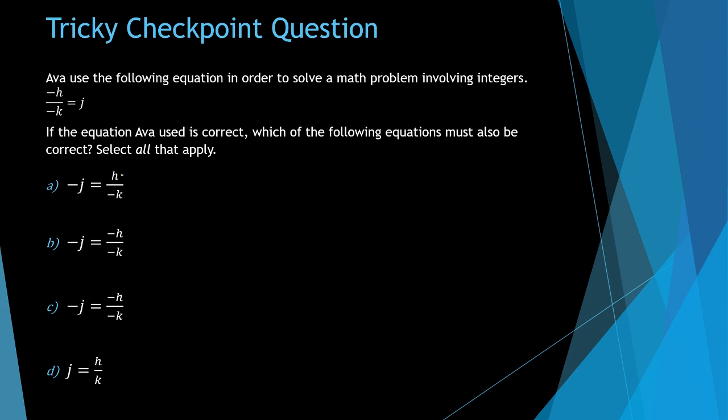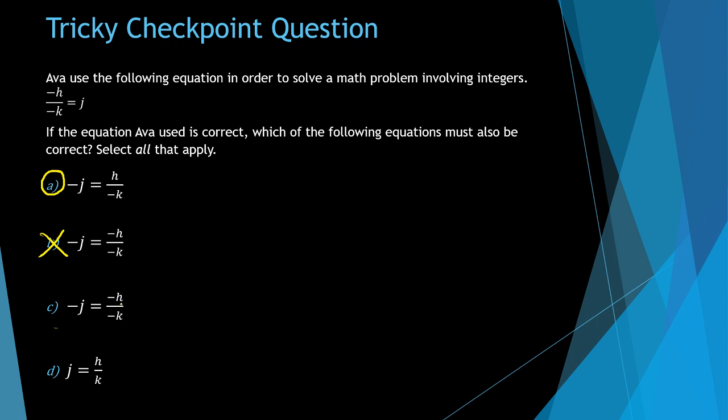Okay. Well, if k is negative and h is positive, they're opposite, which means that j should be negative. So that one's correct. Here, I have 2 negatives, right? These are the same sign, which means I should get a positive j. And since j is negative, that's not a good option.